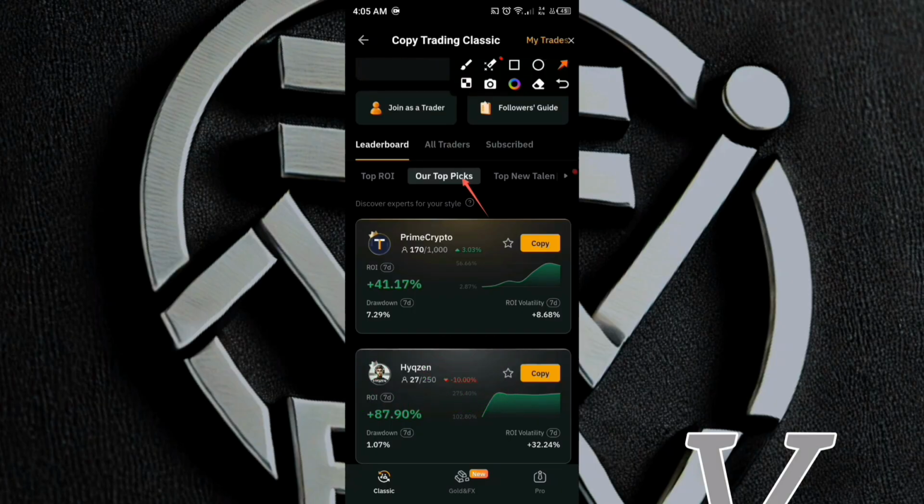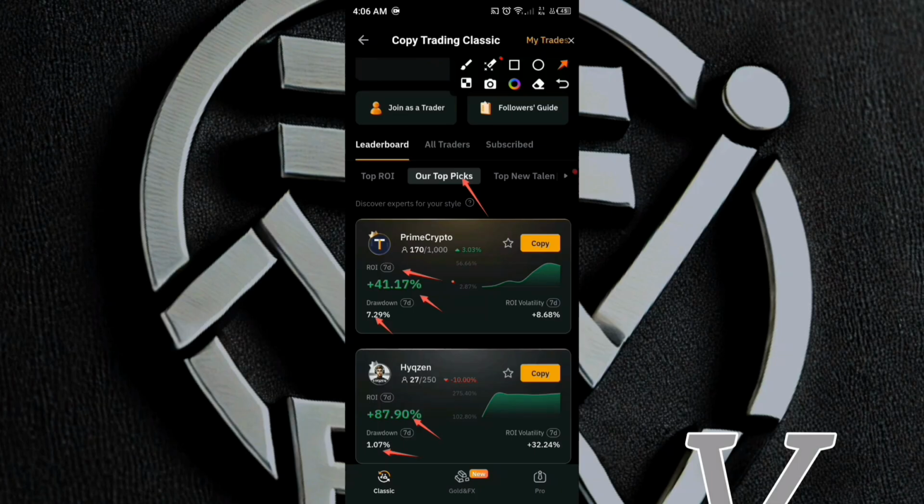The first guy on the list has a return on investment in the last 7 days of 41.17%, and a drawdown in the last 7 days of 7.29%. The second guy has a return on investment in the last 7 days of 87.9%, and then a drawdown of 1.07%. For both of them, they are actually doing quite okay.